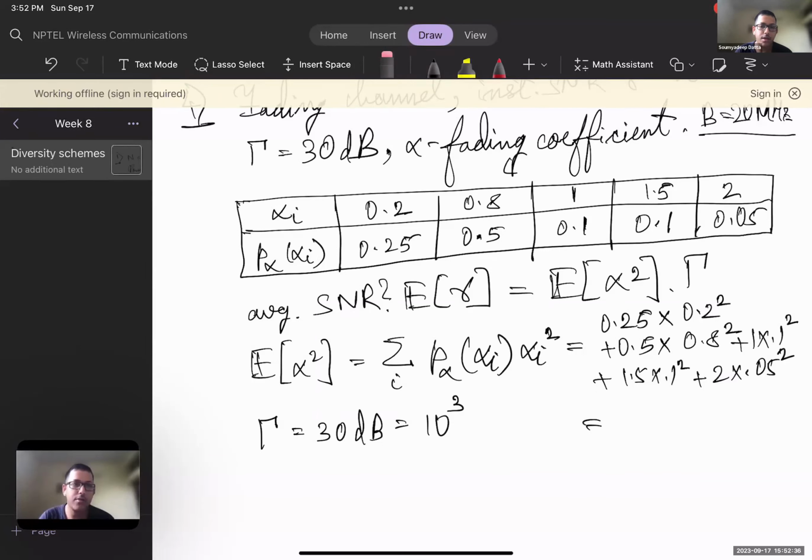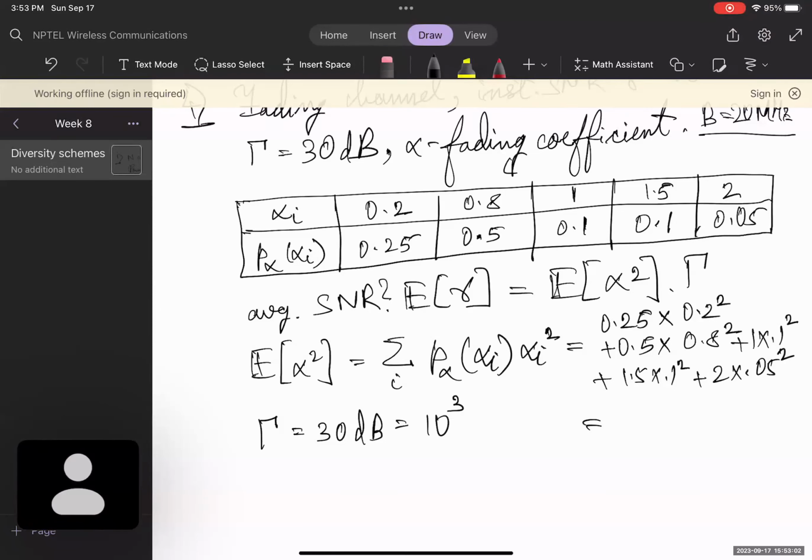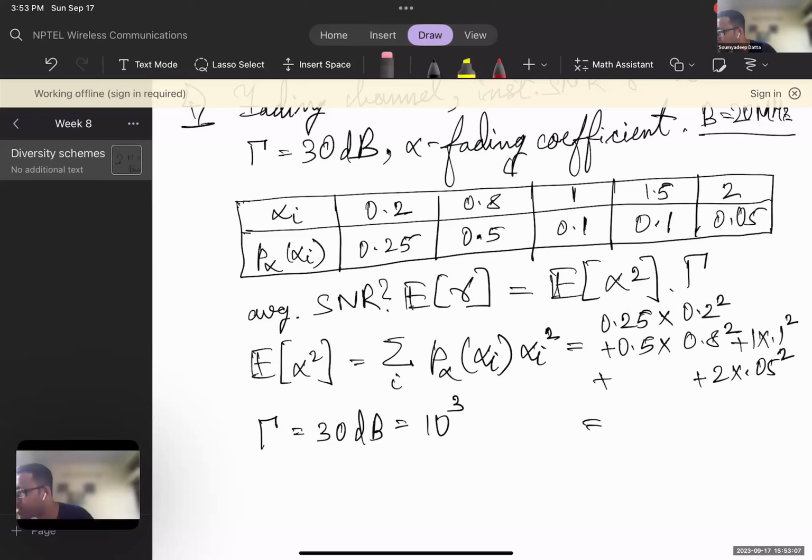Sir, 1 into 0.1 squared plus 1.5 into 0.1 squared plus 0.05 into 2 squared? Yes, I just realized this was an error. Thank you so much. This was a mistake.